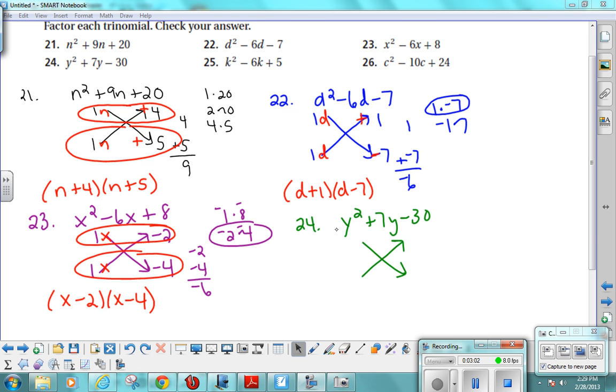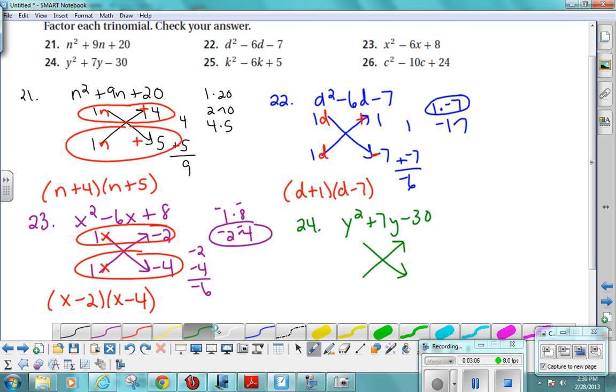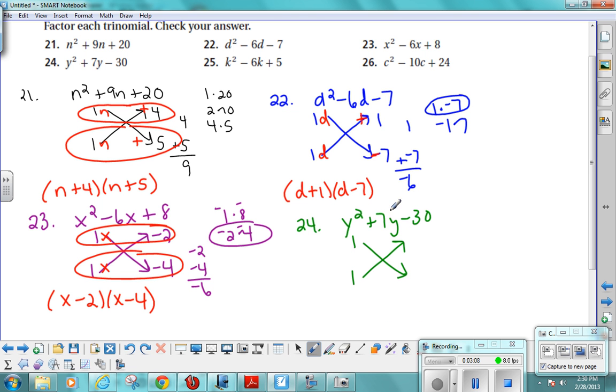For number 24, what can I multiply to get 1 in front of the y squared? That would be a 1 and a 1. And then what can I multiply to get negative 30? Well, I can do negative 1 times 30. I can do negative 2 times 15. I could do negative 3 times 10. 4 won't go into 30. 5 is already on my list.